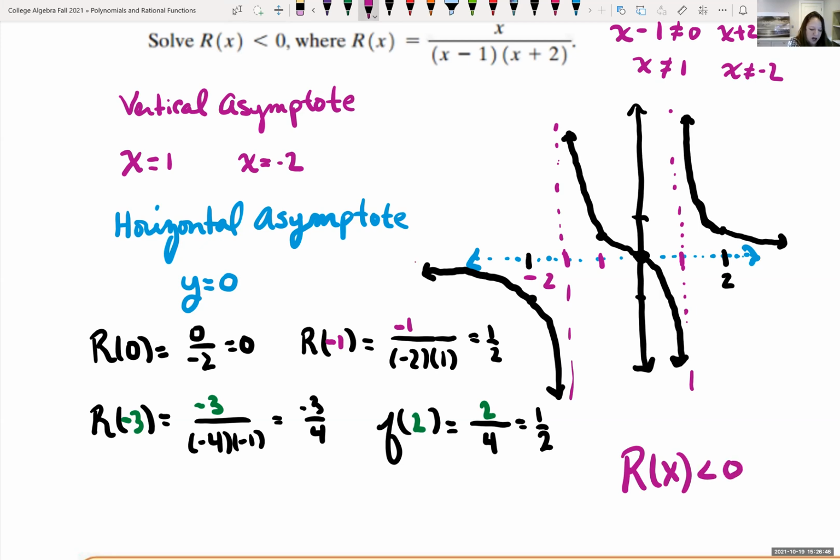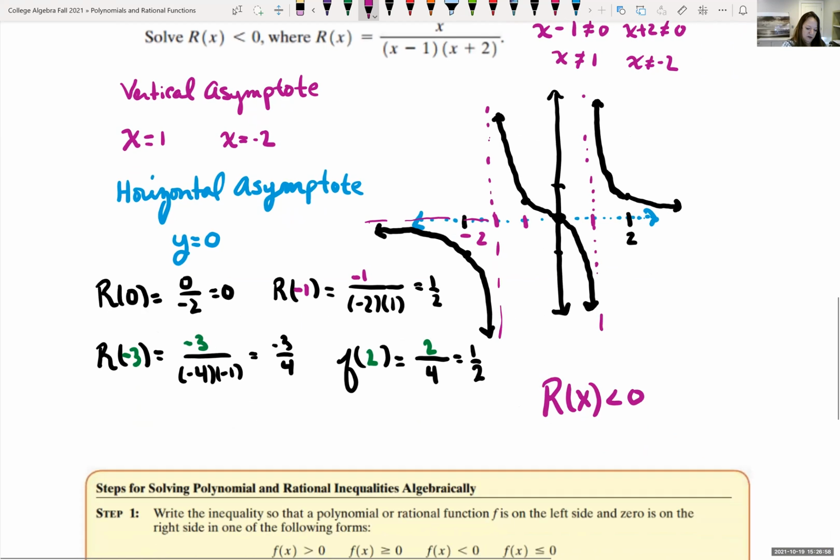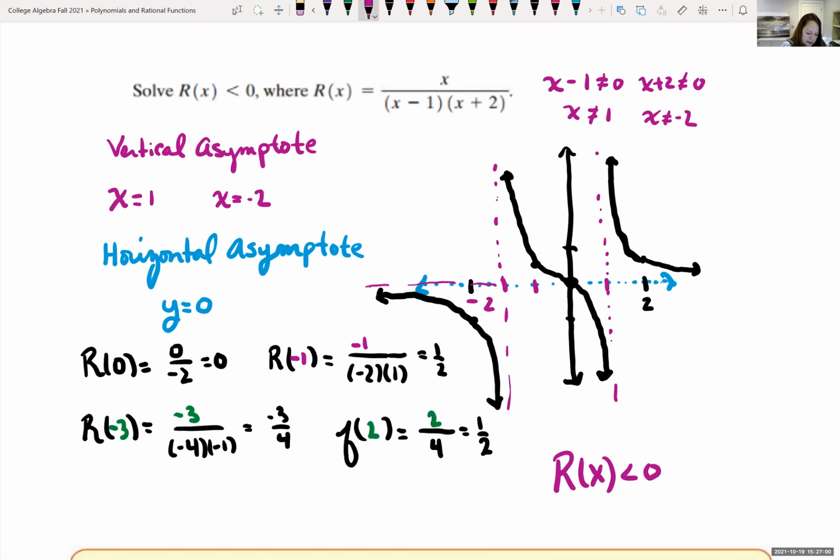Well, I'm getting all the values coming in from -infinity until I hit this vertical asymptote. So this is -infinity to -2, then union.